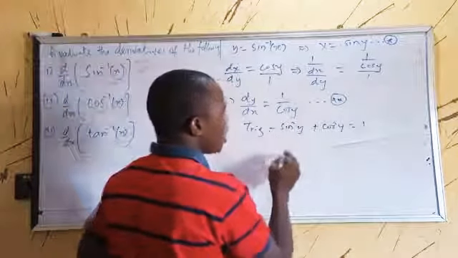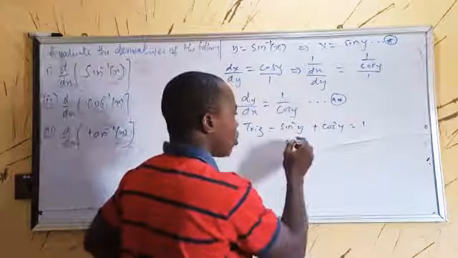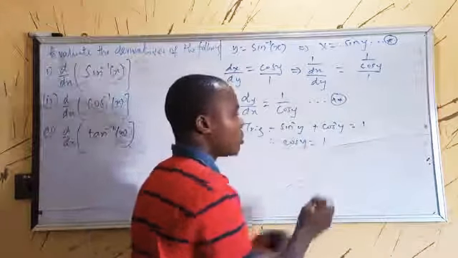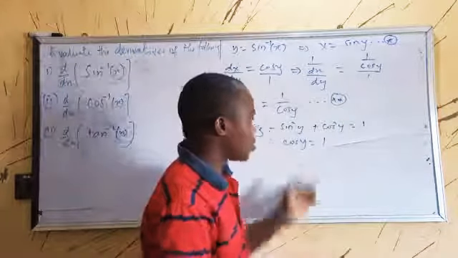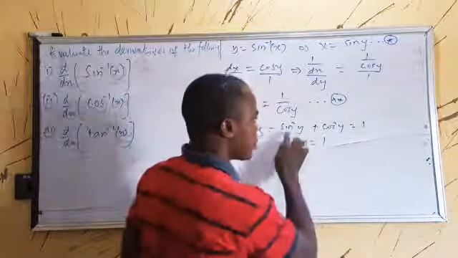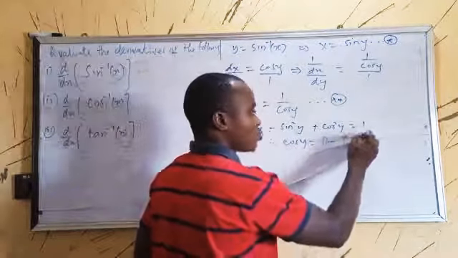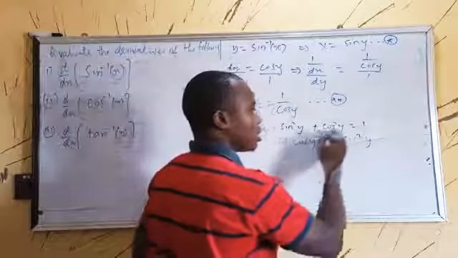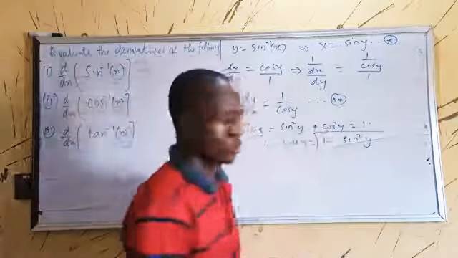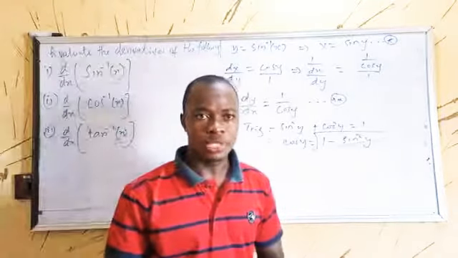From here, if you want to make cos y the subject of the formula, this one goes to the other side, and we have cos y equals the square root of 1 minus sine squared y.